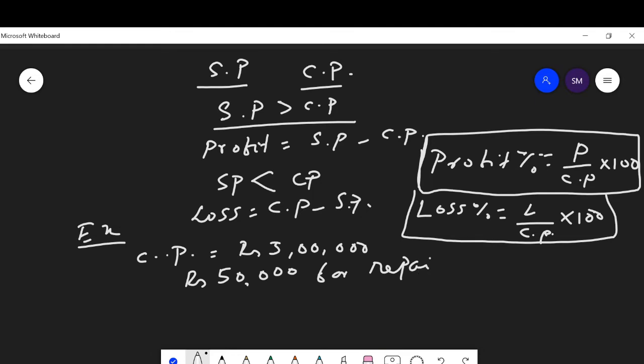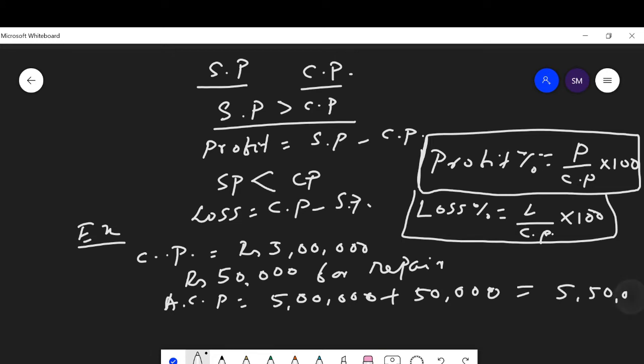Then the actual cost price of the building is equal to 5 lakh plus 50,000. Then actual cost price is equal to 5,50,000. Okay.